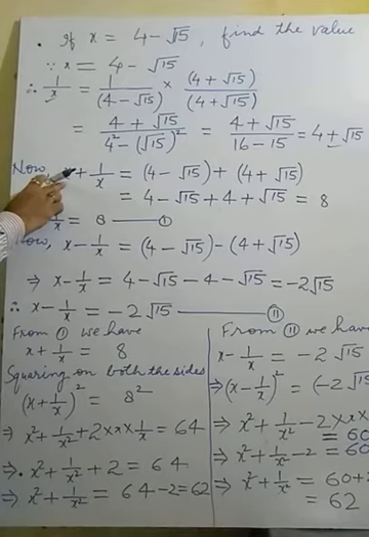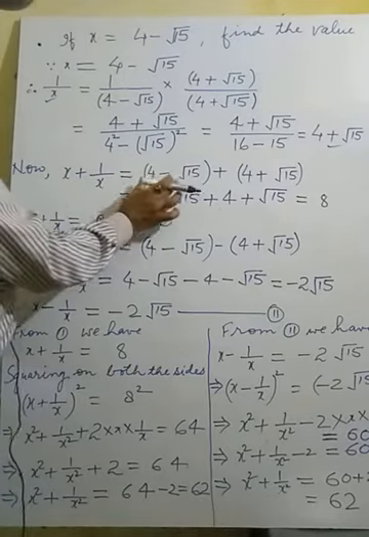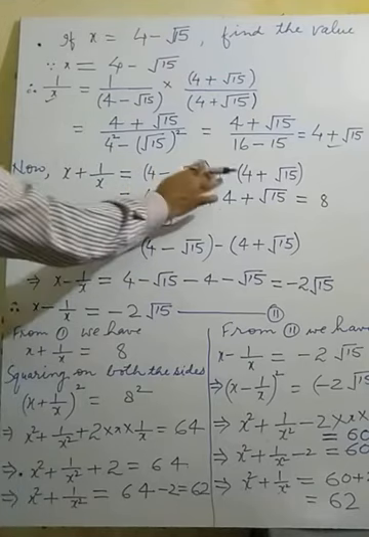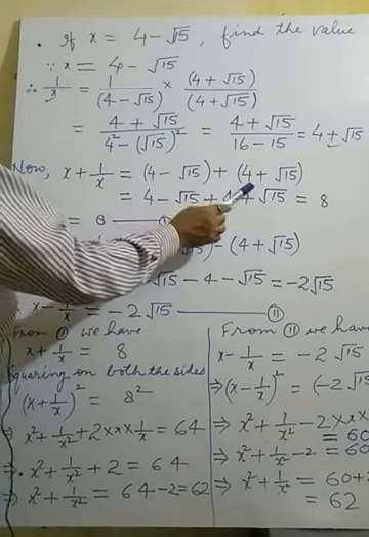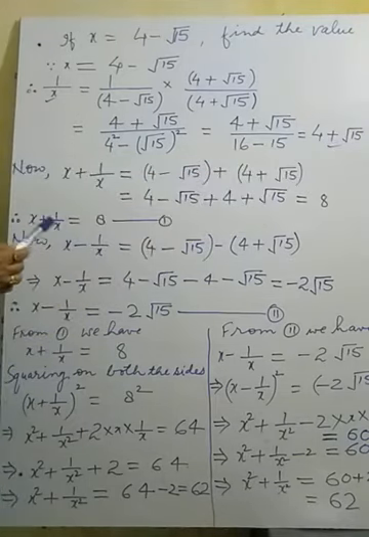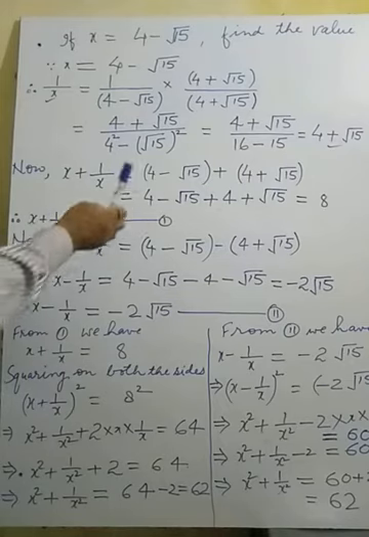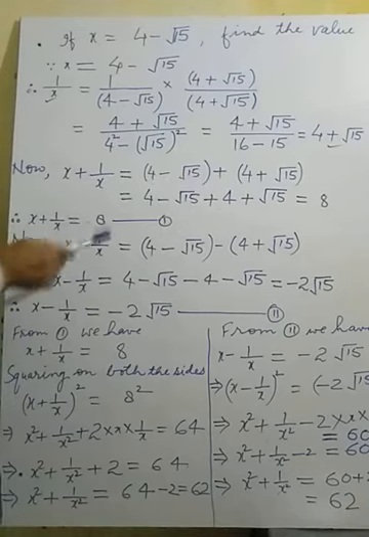So what value of x is here? It is 4 minus under root 15. This is the value of x. Plus, what is next value? 1 upon x is 4 plus under root 15. Just we have calculated the value of 1 upon x. Now see, this will become, after breaking the bracket, we have to simplify.